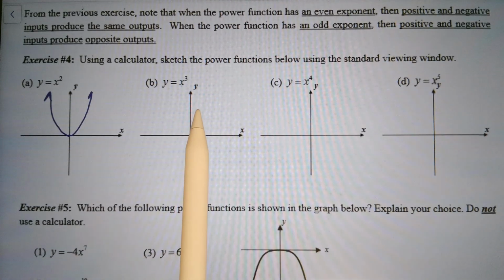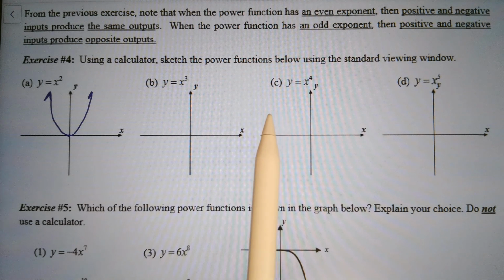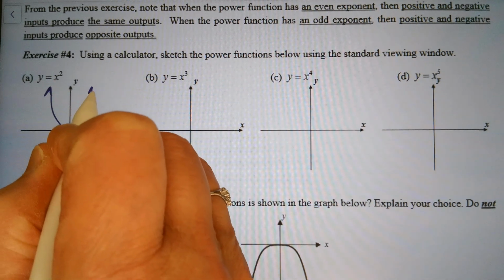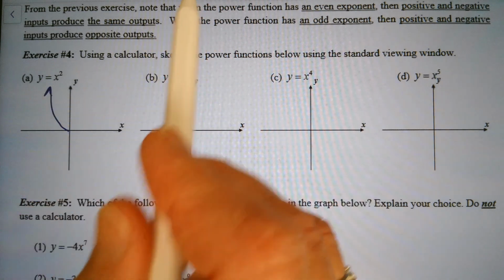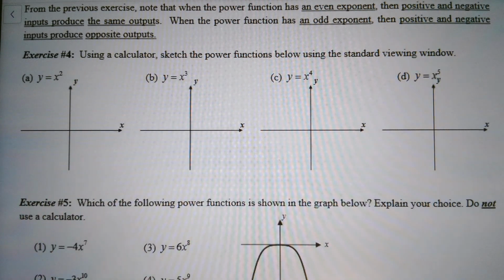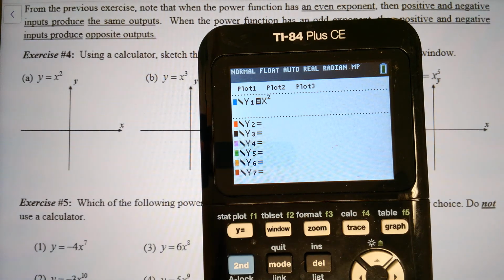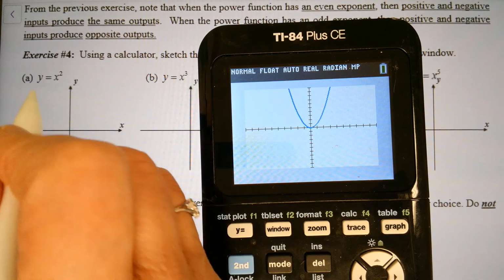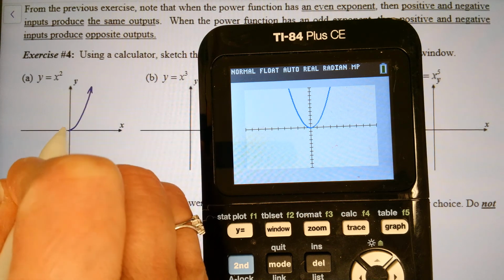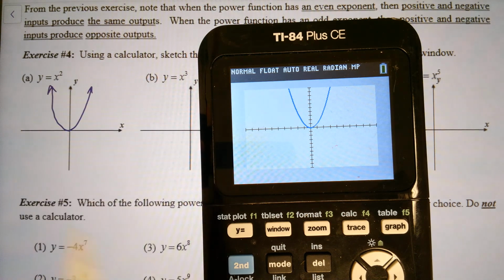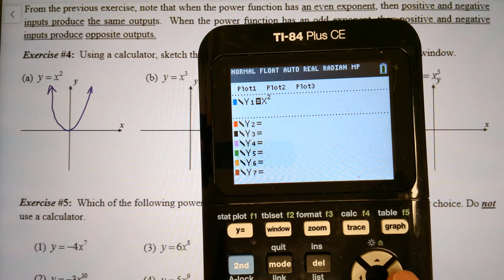Use a graphing calculator to sketch the power function below using the standard window. Y equals x squared, we know what that looks like. Okay, so y equals x squared, that's our parabola. Y equals x to the power of 3.